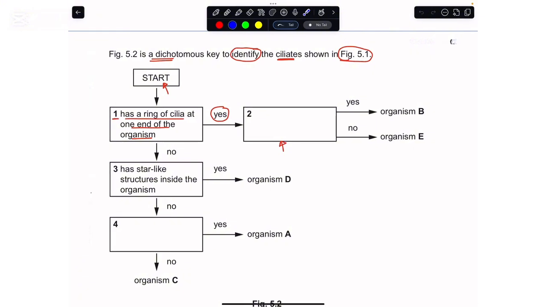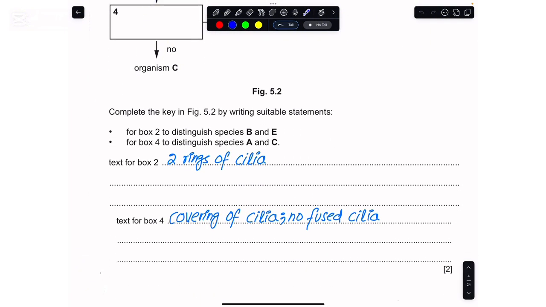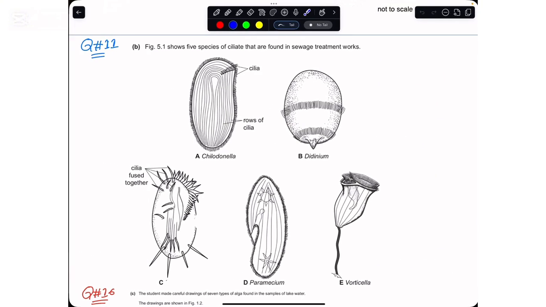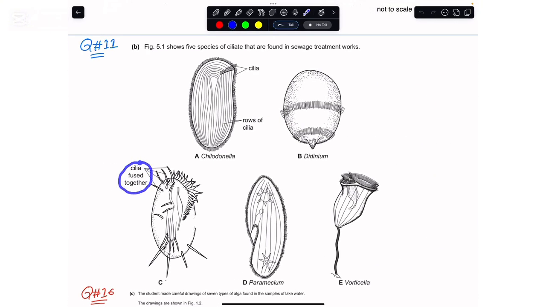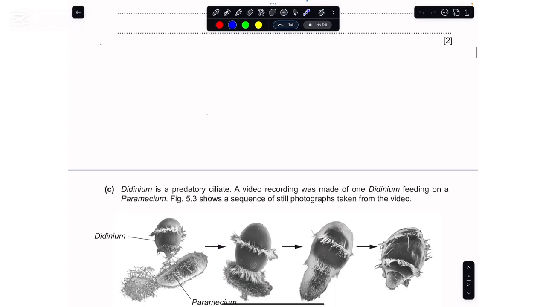So that is why for this box, the statement we are required to write is covering of the cilia. Now again, for organism A and C, if I were to come across another point, I would say fused cilia. It would go yes for A and it would go no for C. So this is how we were required to crack this question.